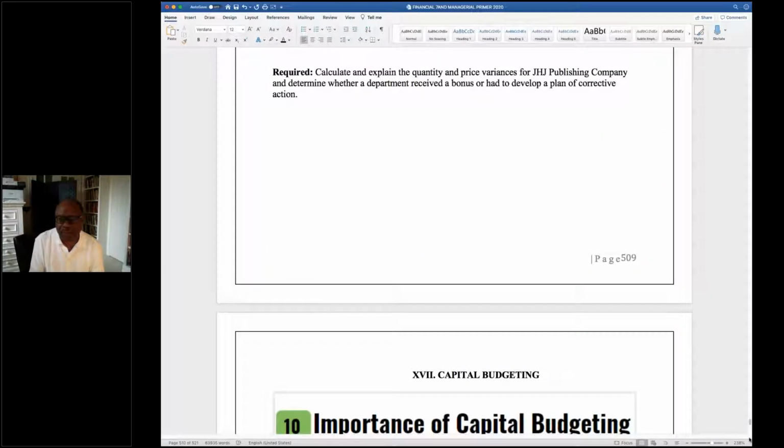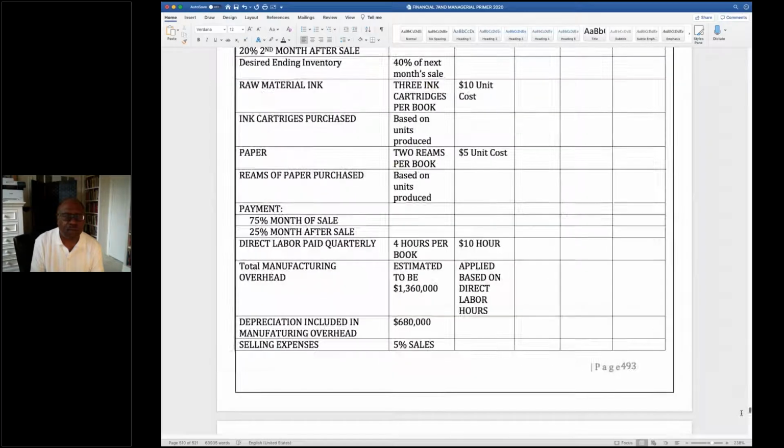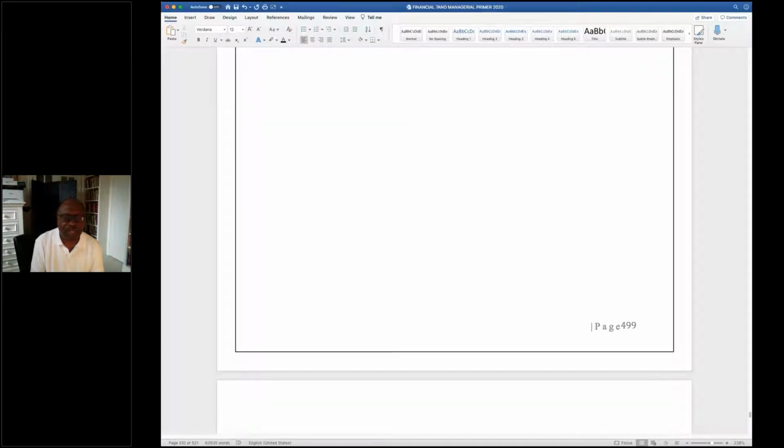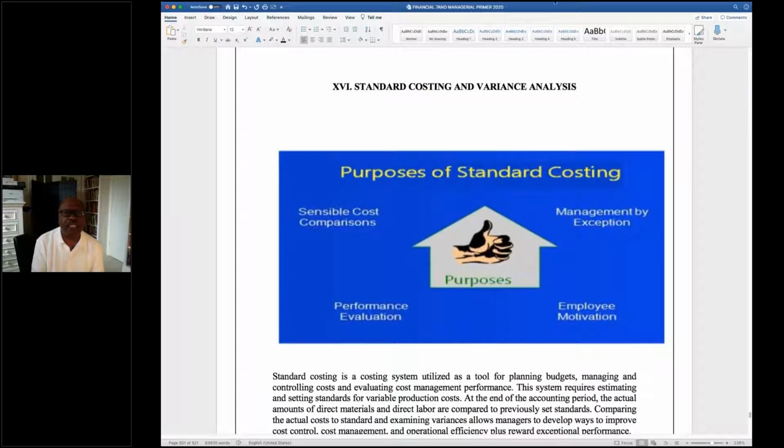Okay, so let's go through our file material, and we'll start with standard costing. So you've got your building, with your business, you've made it, you begin to operate, you had some budgets in there.